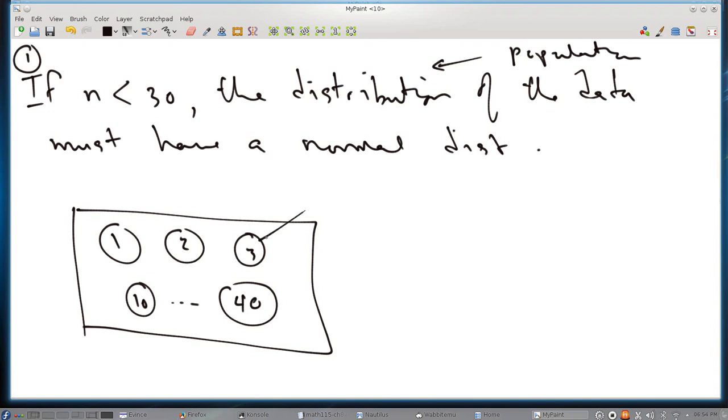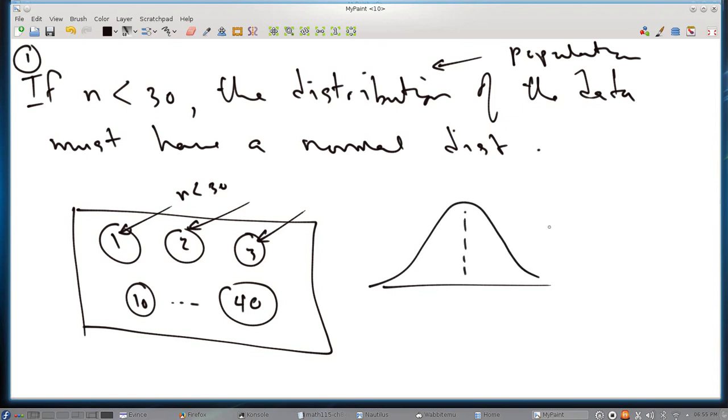Then you see here, each sample that we collect has fewer than 30 data points. So let's say each of these 40 samples has 20 data points. So 20 is clearly less than 30. What that means is that in order for these samples to produce a normal distribution, the population itself has to have a normal distribution.